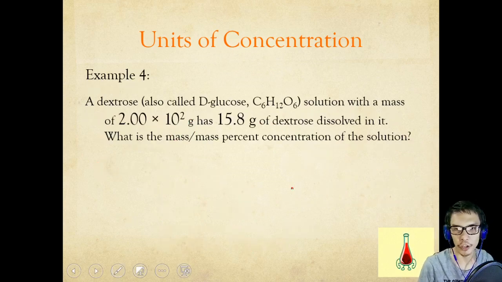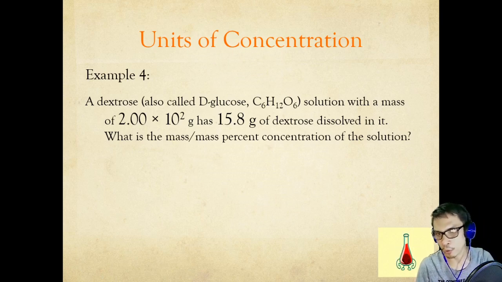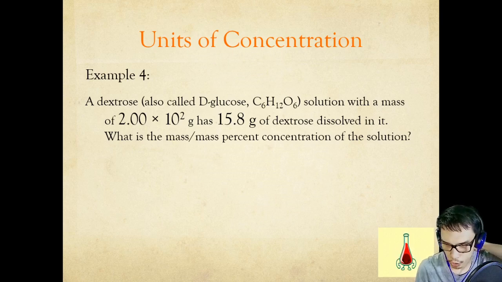Next, number 4. A dextrose solution, also called D-glucose, C6H12O6, with a mass of 2.0 times 10 to the negative 2 grams has 15.8 grams of dextrose dissolved in it. What is the mass percent of the solution?